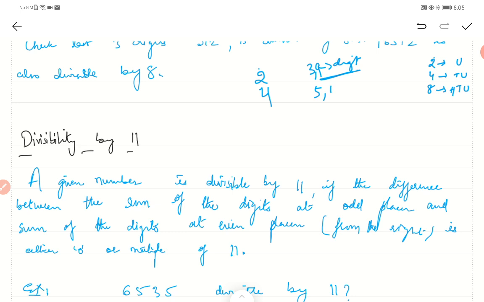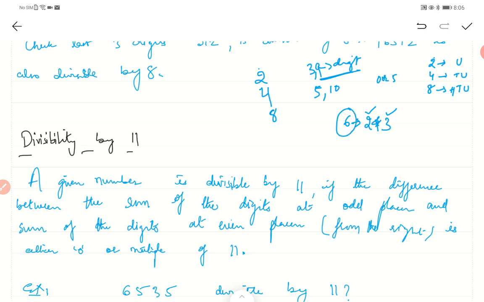For 10 you will check that the units place is 0, and for 5 you will check that the units place is 0 or 5. And 6: you will see whether the number is divisible by 2 and 3, then it is divisible by 6.